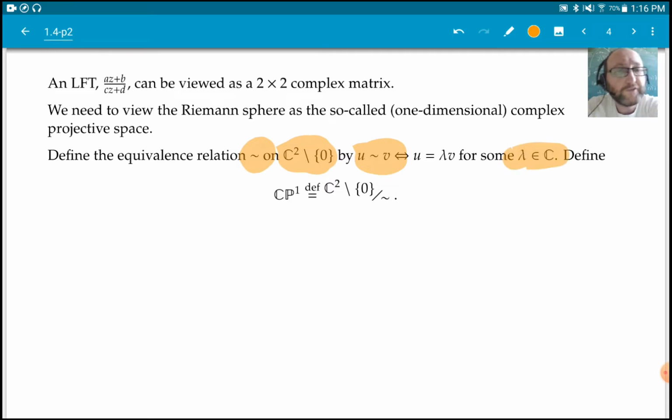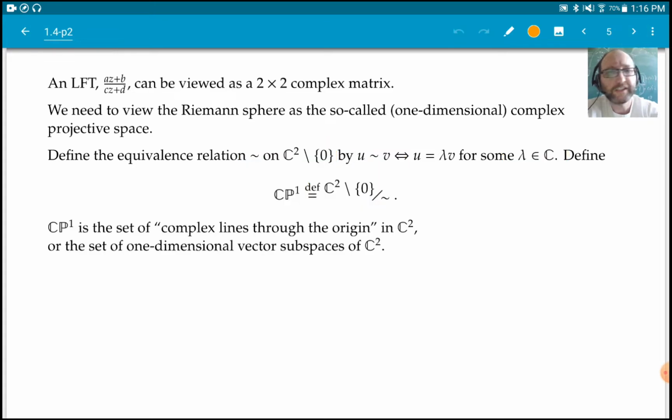Right? So if one of them is a scalar multiple of the other. And we define CP1 as C2 minus the origin modulo this relation, so the set of equivalence classes given this equivalence relation.